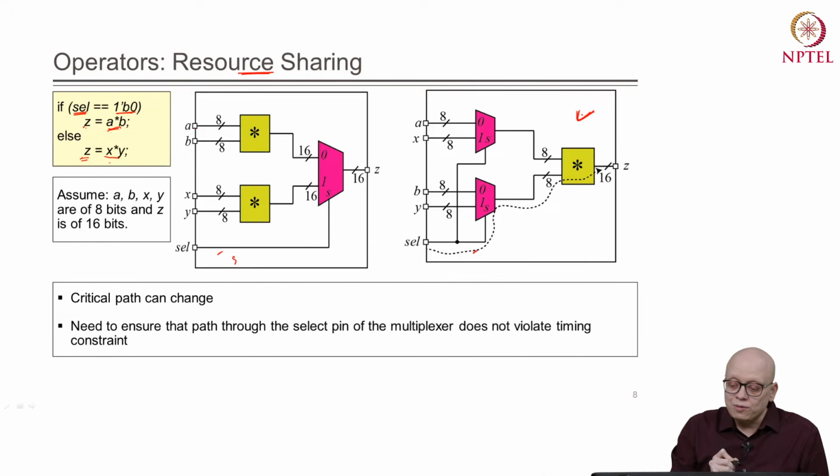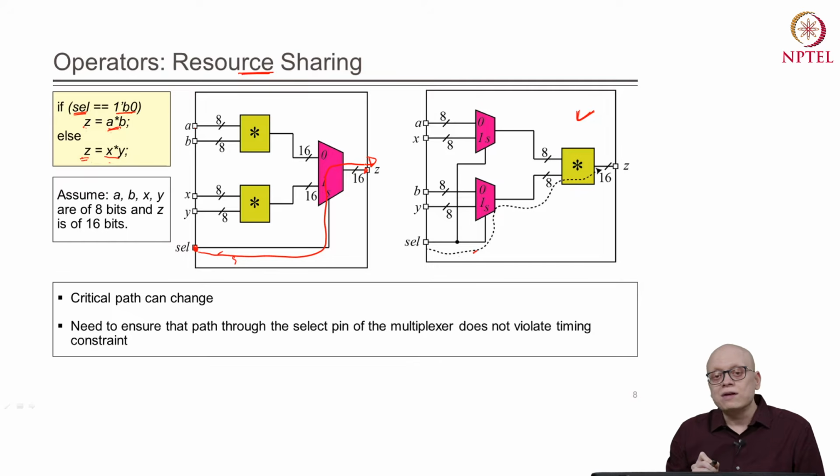In the earlier case, in the first implementation, from the select line to the Z line, we do not have a multiplier. We have only the multiplexer, right, and therefore the delay from select to Z is not that much, because only one multiplexer is on the path.